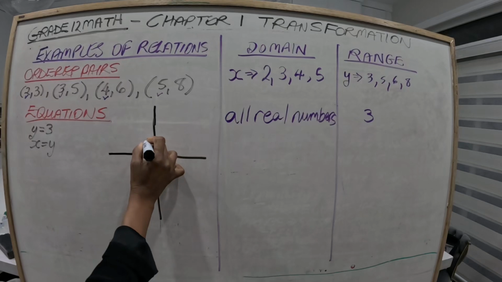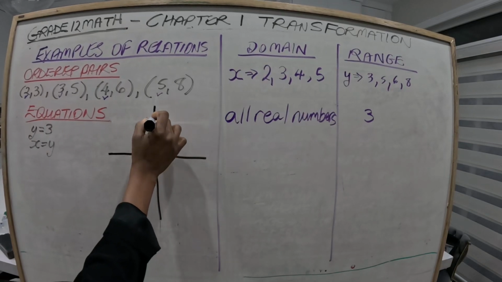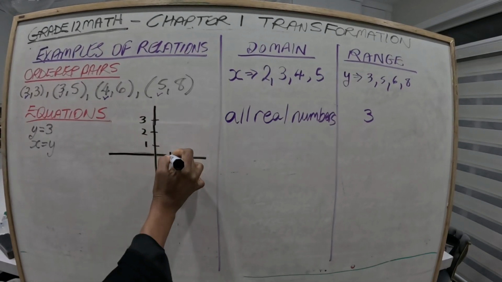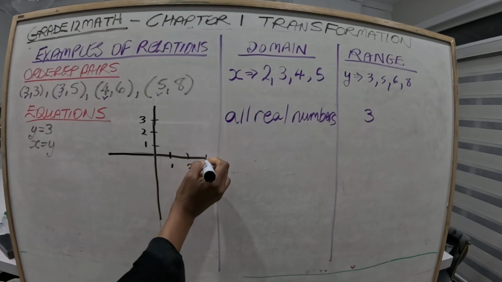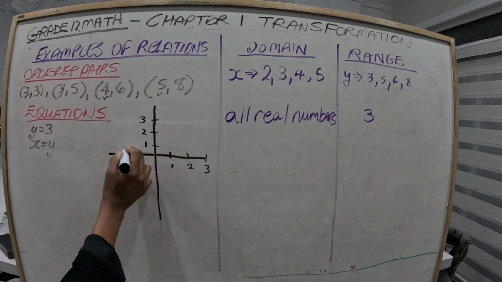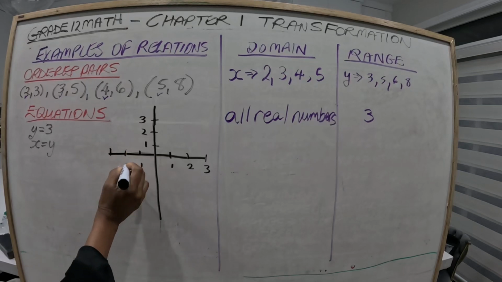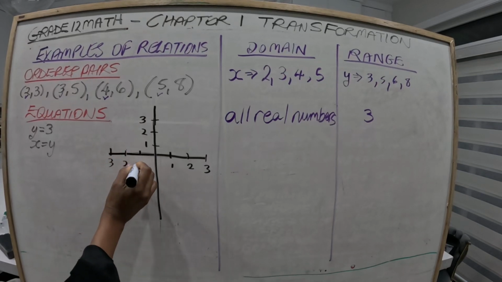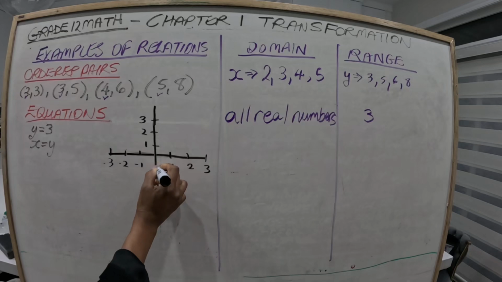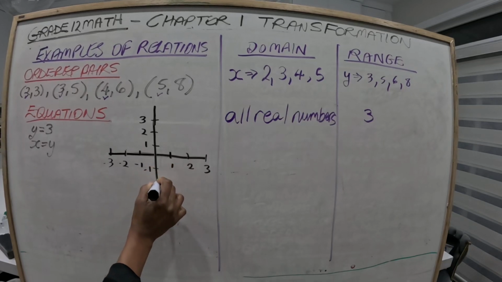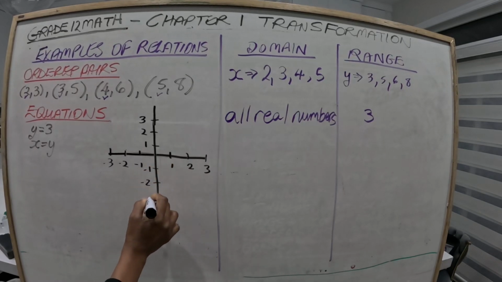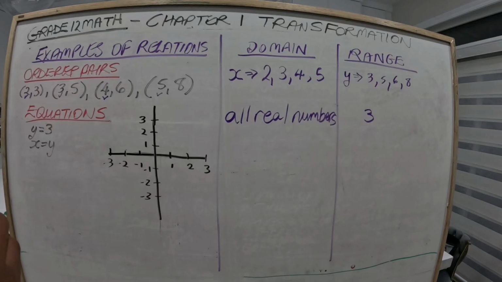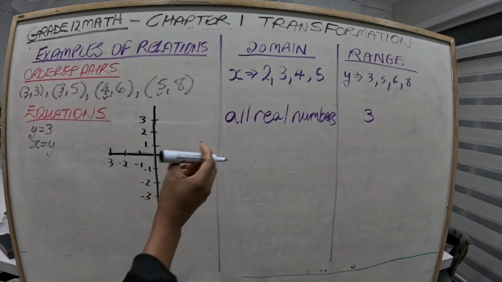So 1, 2, 3, 1, 2, 3, and negative 1, negative 2, negative 3. Okay, so the only way that the graph will make sense, it must be a positive graph that way.